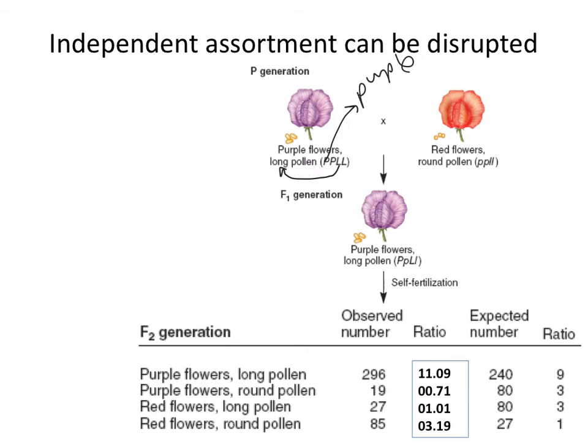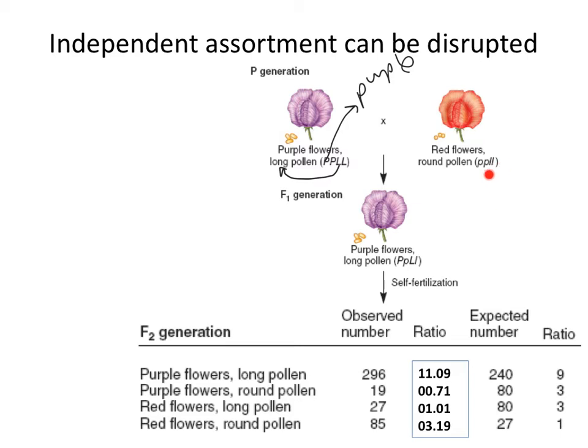This might sound familiar. I used it in one of the videos you're about to watch. And so we've got a plant that's homozygous for both dominant alleles on the left side here, and we've got a plant that's homozygous for the recessive alleles. So two little p's, you get red flowers, no purple.